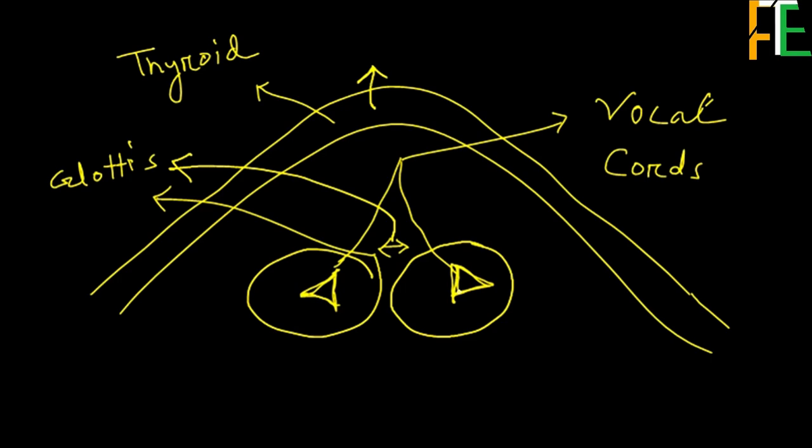When we breathe out, the expiratory lung air comes out of the lung and touches the vocal cords. In case of certain speech sounds, the vocal cords are continuously pushed closer to each other, open and close, in this way.